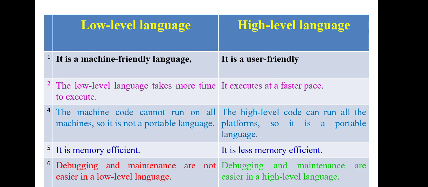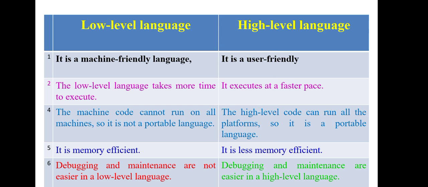But another drawback with low level language is debugging. When any program mistakes are present, it is very difficult to identify them because the entire code is in zeros and ones form. Updating or maintaining the programs is also very difficult because everything is in zeros and ones machine code.